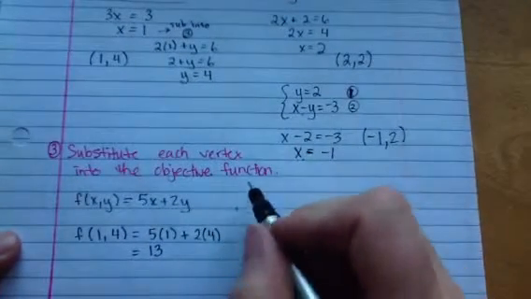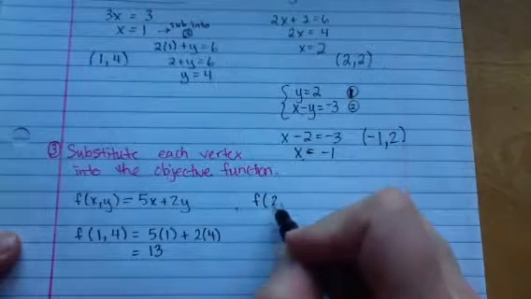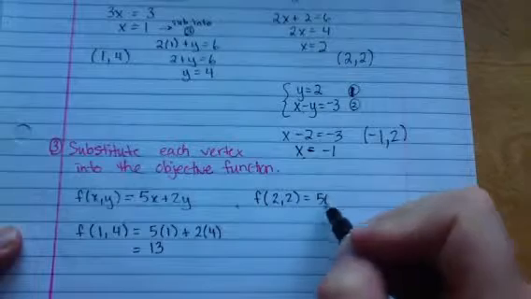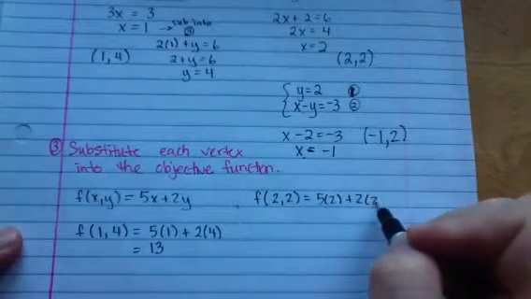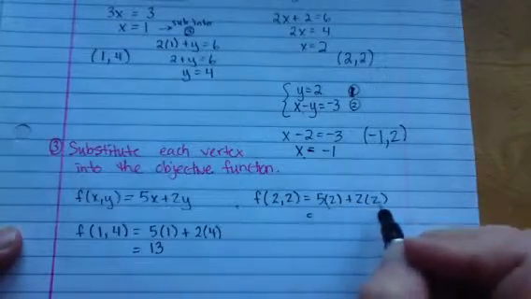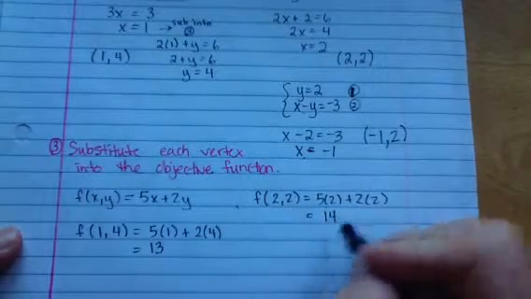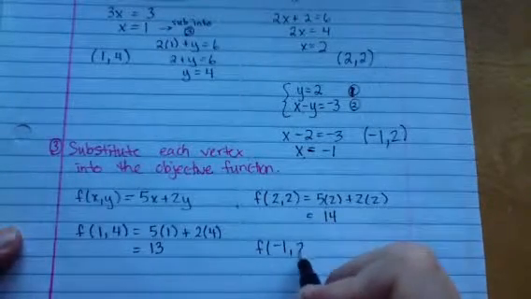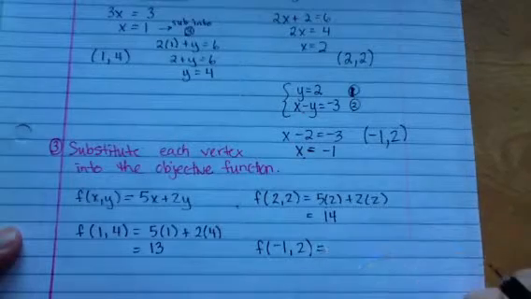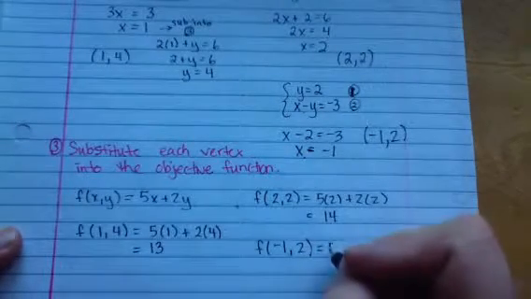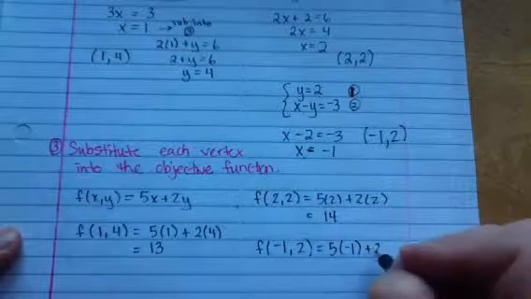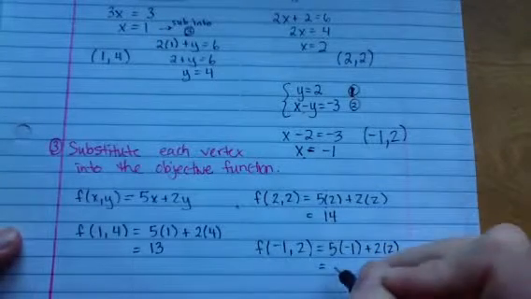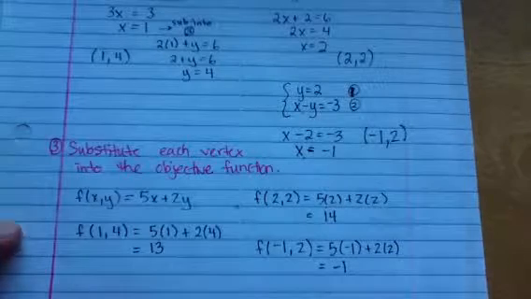And then we'll substitute in the ordered pair 2, 2, which will be 5 times 2 plus 2 times 2. So that is 10 plus 4, so we get 14. And then in a similar way, we're going to do f of negative 1, 2, which will be 5 times negative 1 plus 2 times 2. So that's negative 5 plus 4, which is negative 1.